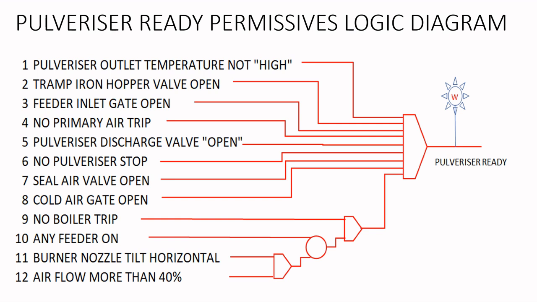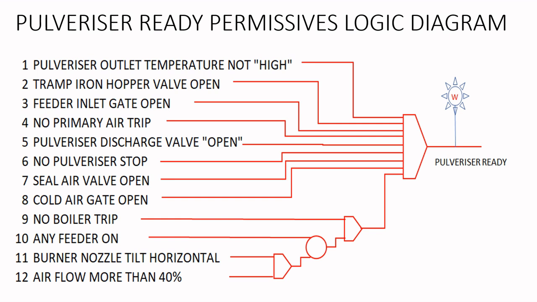First of all, you can check the airflow more than 40%. The burner nozzle tilt is horizontal. When these two conditions are satisfied, then any feeder on, combined with these two, or you will have no boiler trip, and this signal will go for the pulverizer ready.